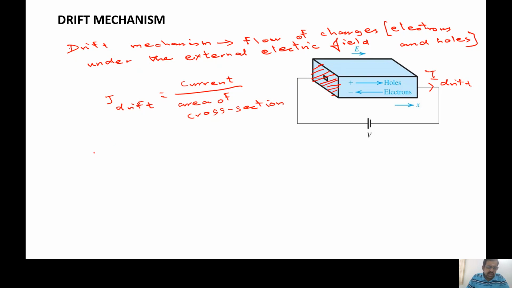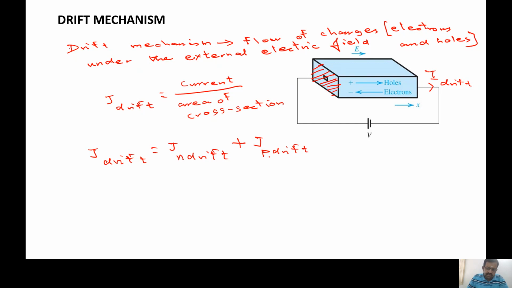Okay, so J drift is actually the sum of the electron drift current density, which I represent as J subscript n drift, and the hole drift current density.